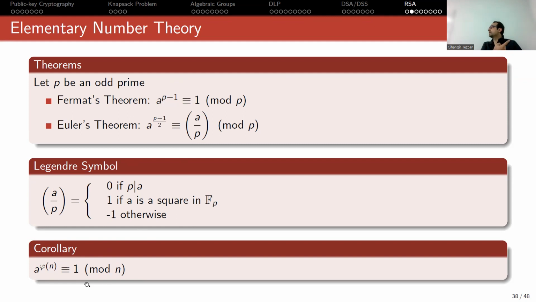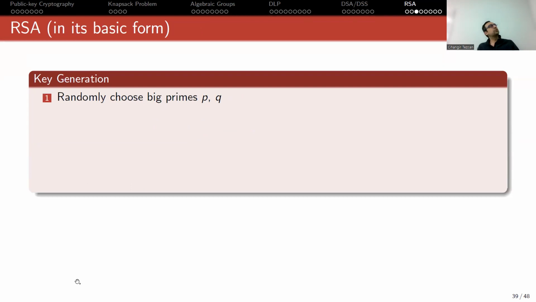RSA works because of this. This is why I'm showing it, okay? a to the phi n. Recall that phi n is the number of integers that are less than n and relatively prime to n, okay? So this is a very nice corollary. Again, it is basic number theory, but I'm not going into proofs. Let's go to RSA and see how we use this.